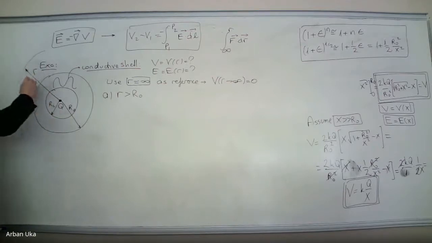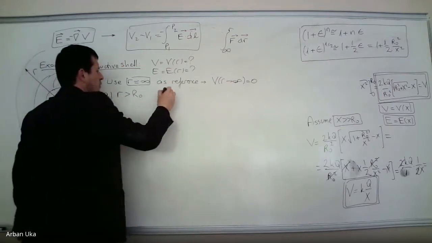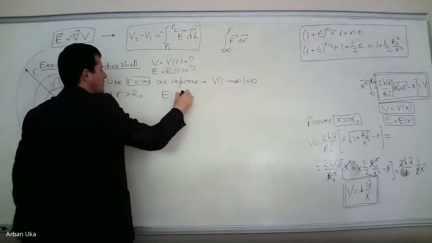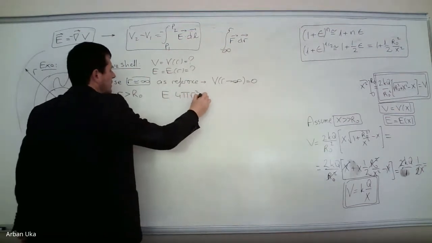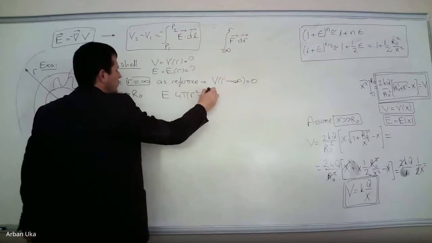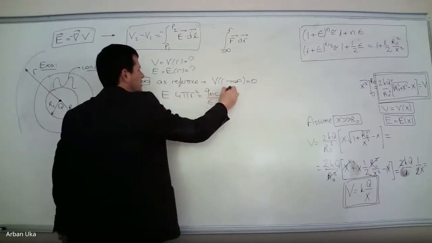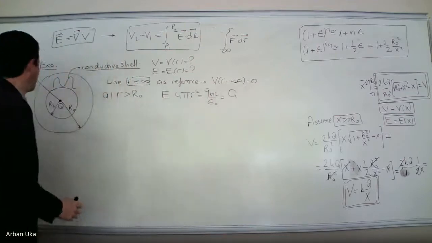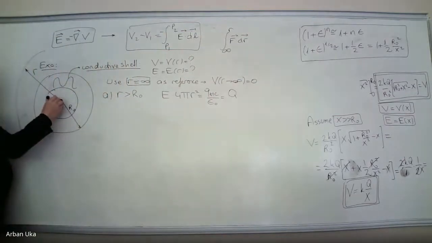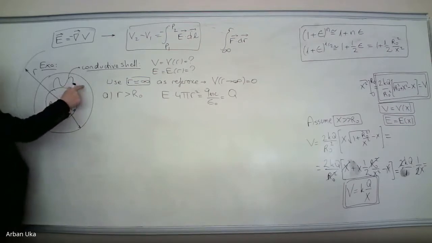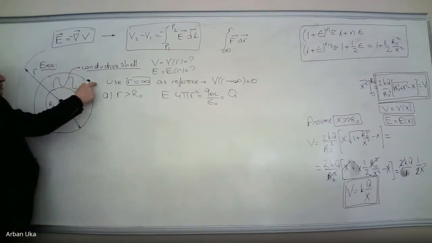So let me draw it on this side. So this is the distance R, and we need to do the following: E times 4 pi R squared. This is equal to the Q enclosed divided by epsilon 0. And the Q enclosed, it is the charge Q, which is placed right at the center in here. Okay, so this is vacuum, this is conductive shell, and this is vacuum again.